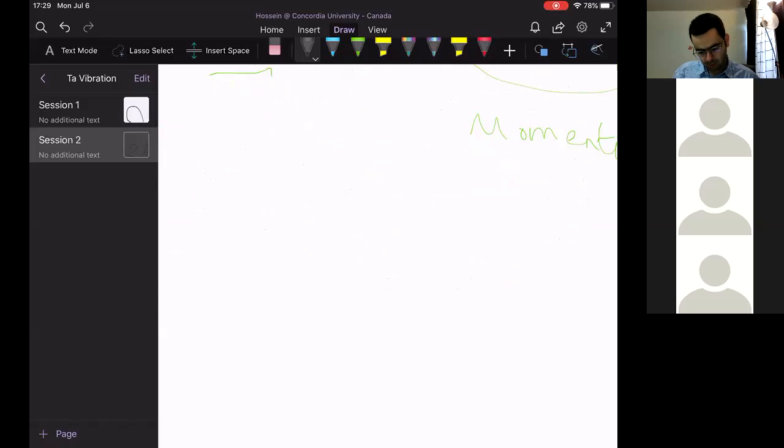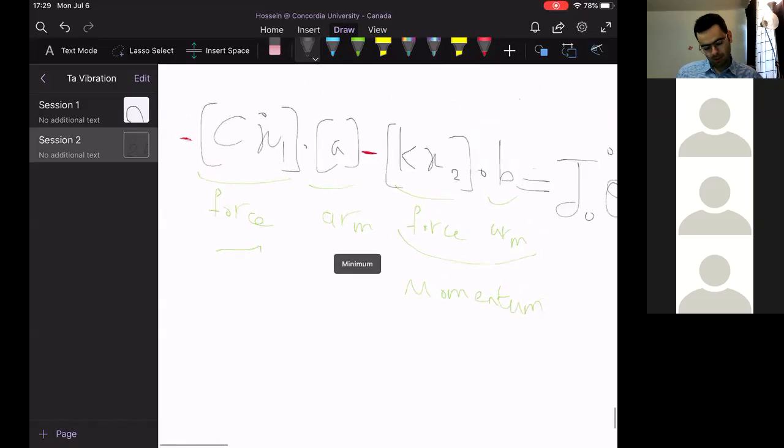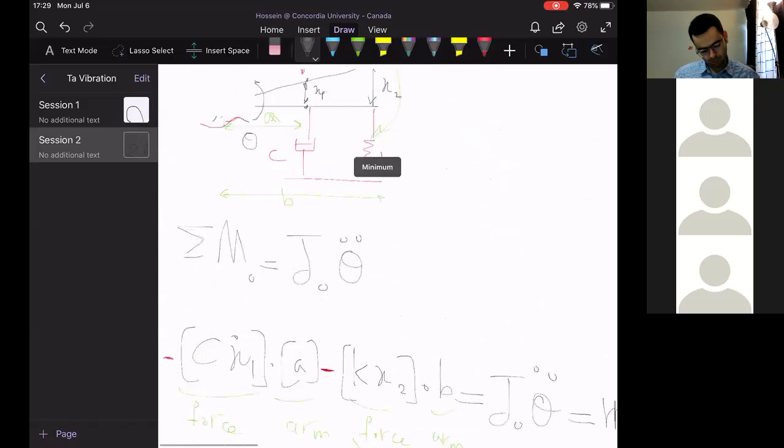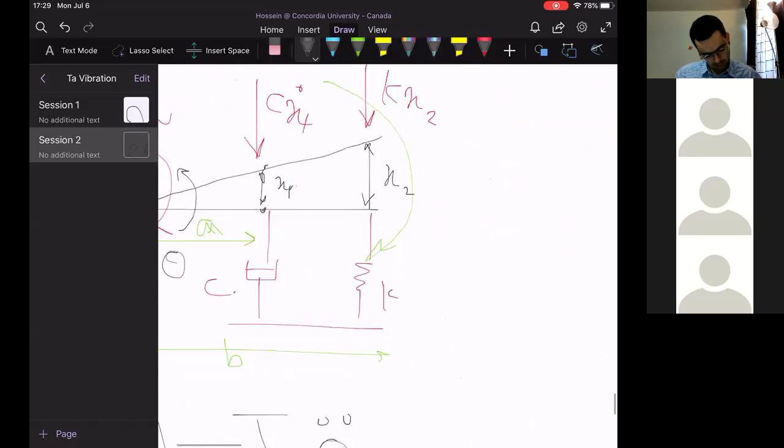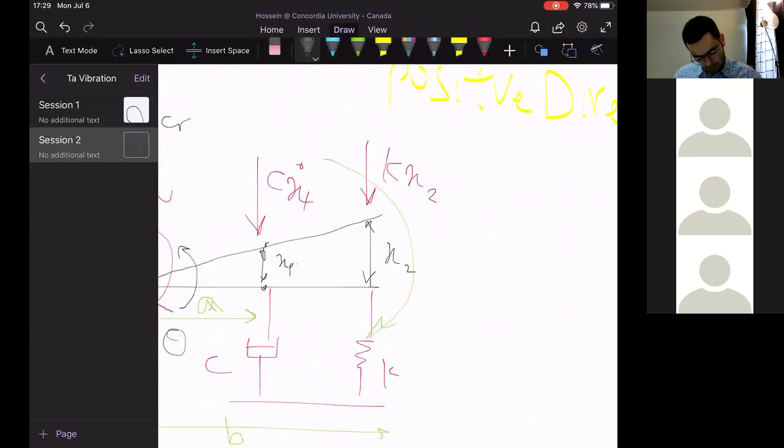Also, since we are dealing with a rotational system, it is better to change all the x and x dot in terms of theta, right? You could simply write here, if I assume this angle is theta, therefore x2 is nothing but b multiplied by theta for a small oscillation, and x1 is nothing but a multiplied by theta.